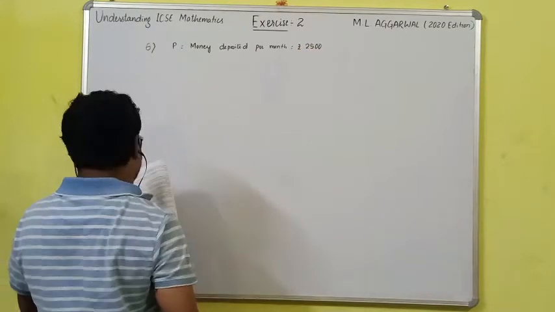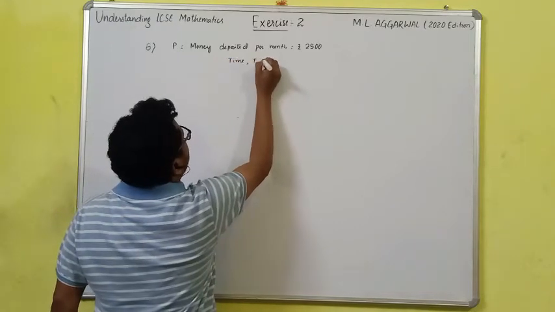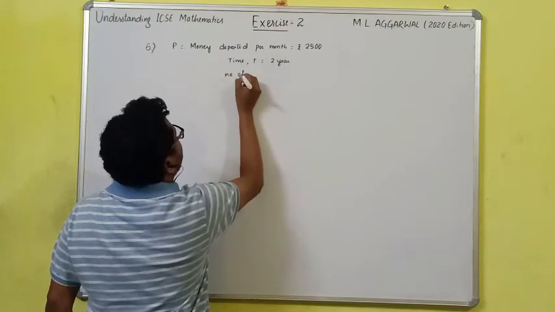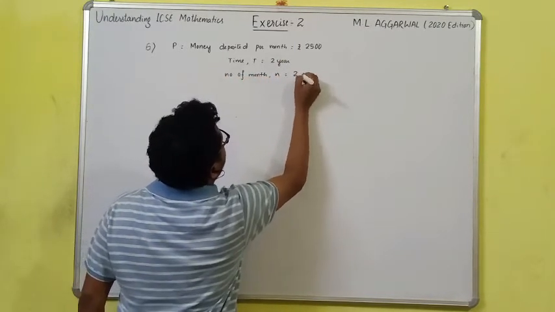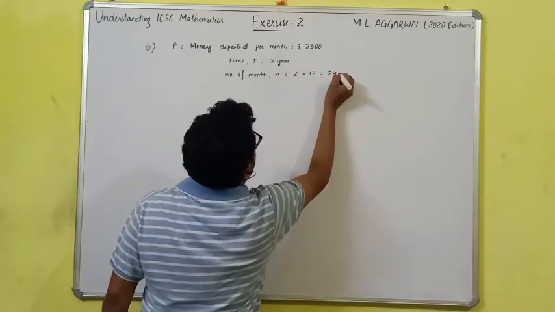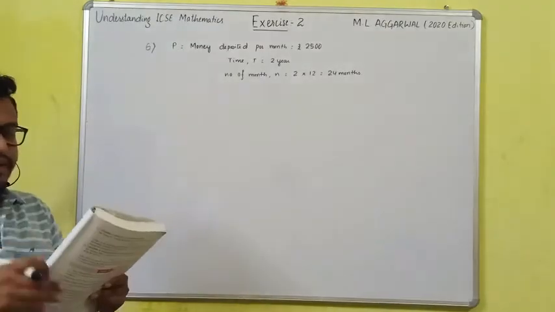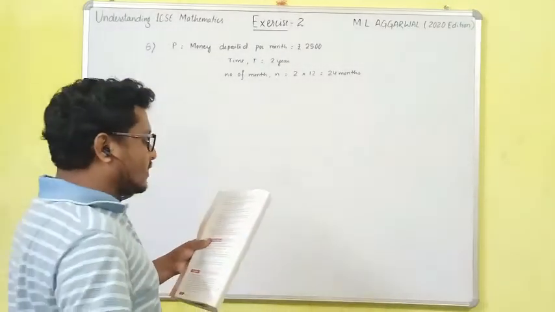Then as per your question, time T is equal to 2 years. So the number of months n is equal to 2 into 12 is equal to 24 months.